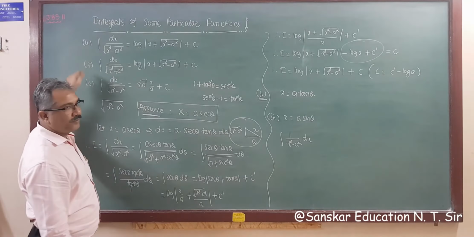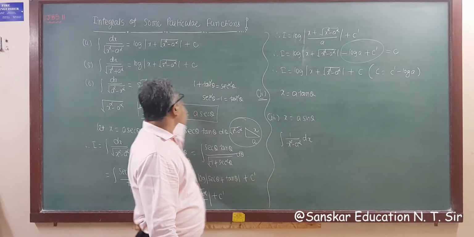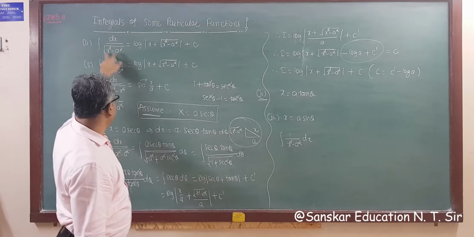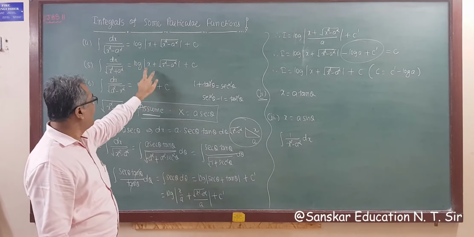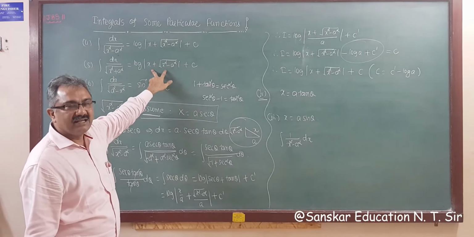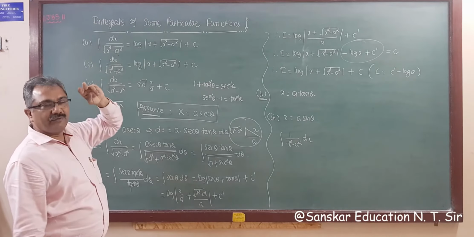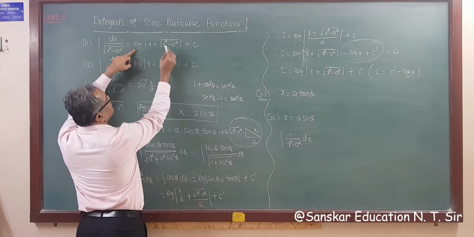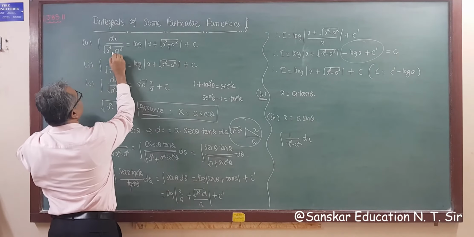And another 3 formulas, 1 upon root x square minus a square is log mod x plus root x square minus a square. Similarly here, log mod x plus root x square plus a square. So for x square minus a square and x square plus a square, if you want to remember only one formula, then remember this: log x plus root, this is minus, then minus, and plus, then plus.